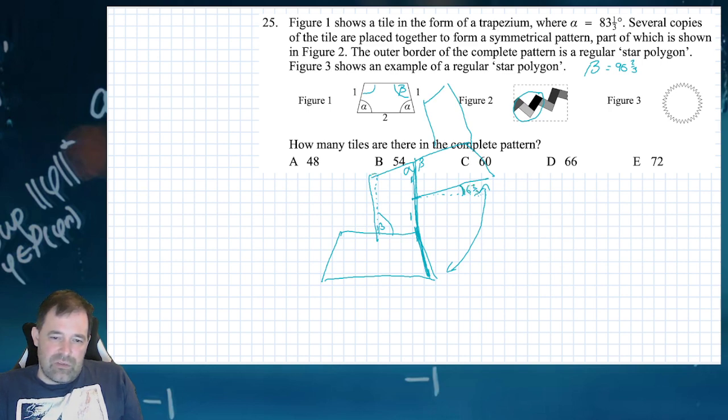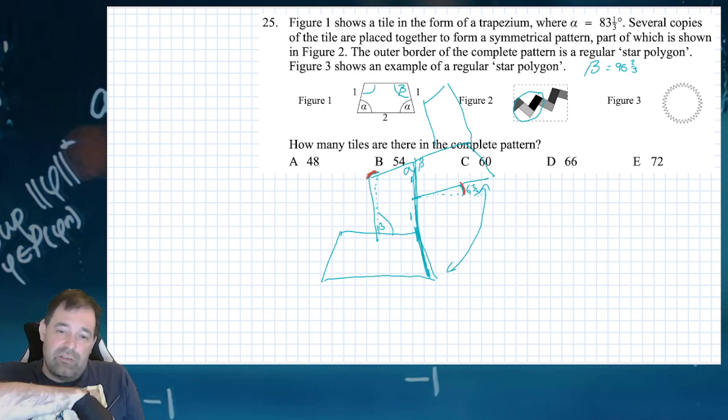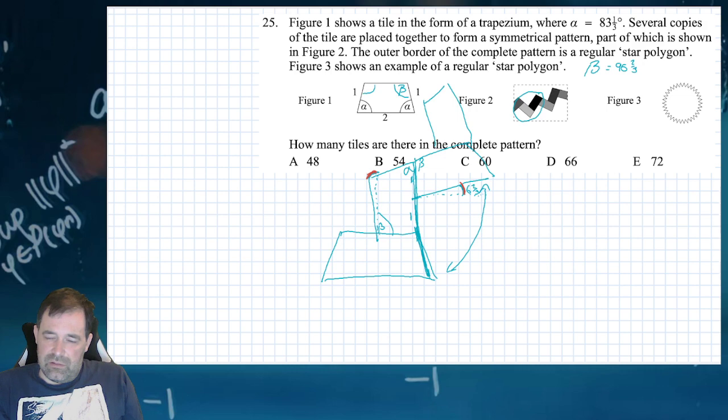So that twist there is going to be the same. That twist there, I think, is going to be the same as the twisting around here. And if 6 2/3 goes into 360, we should get an answer. So 6 2/3 is the same as 20/3.